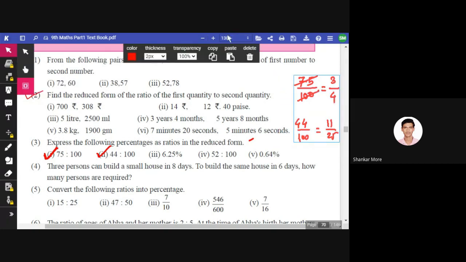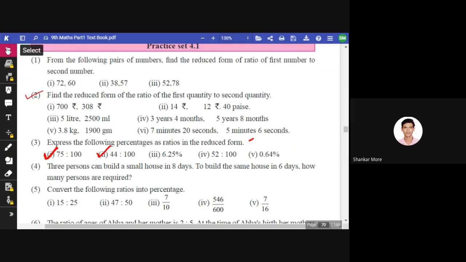So let me just rub this. And then we have 6.25% into its reduced form. So how can we write it? First of all, we have to write 6.25 divided by 100. This would be its representation in the ratio form, isn't it?